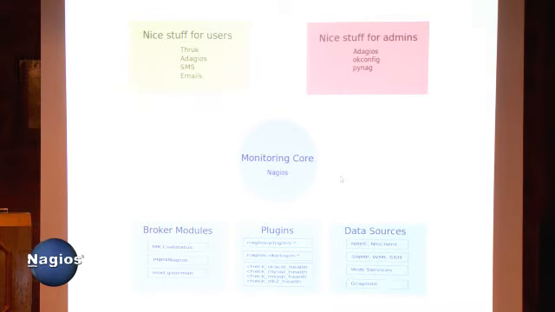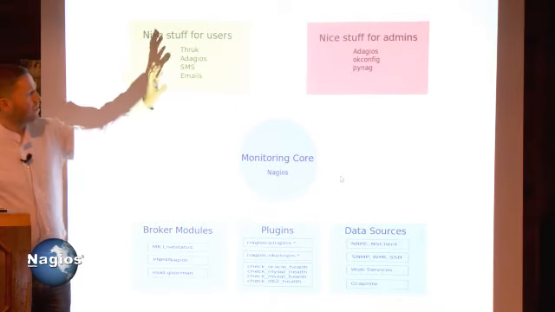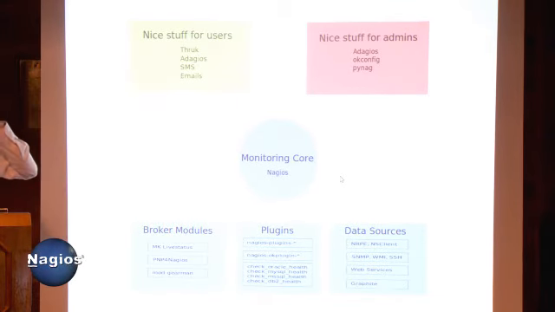They're not written in C. SMS and emails are of course classical, and that's also an interface towards your users. For administrators, we almost exclusively use these today. So Adagios, Pynag: if you want to do changes in config, like removing a single host, you can do it from the command line quite easily. Bulk edits all of a sudden became super easy. Yay for that.